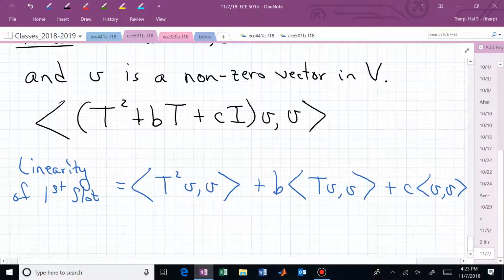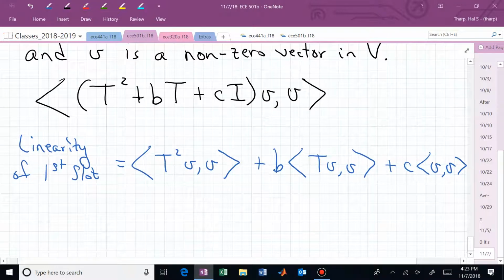Is that okay? So all we're doing is applying homogeneity and additivity, or what I'm reducing to just one phrase, linearity of the first slot.